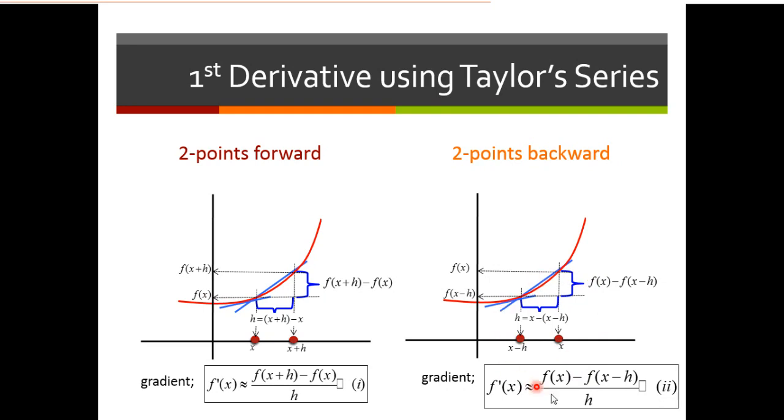So by simplifying the formula, okay, you will get the value of first derivative at point x equal to f(x) minus f(x-h). This is the delta f(x) value divided by h. h is actually the delta x value.